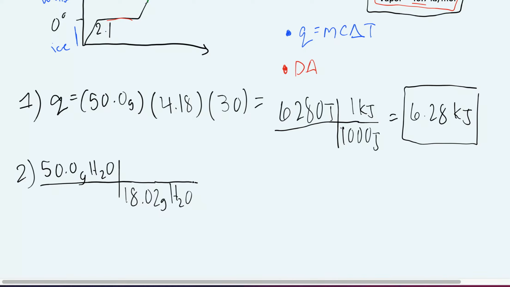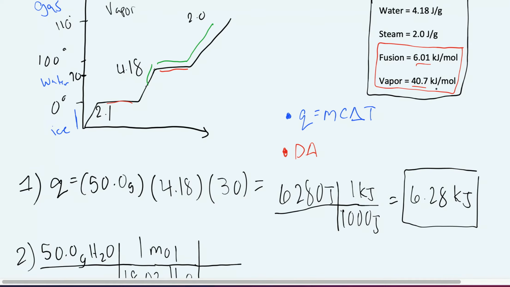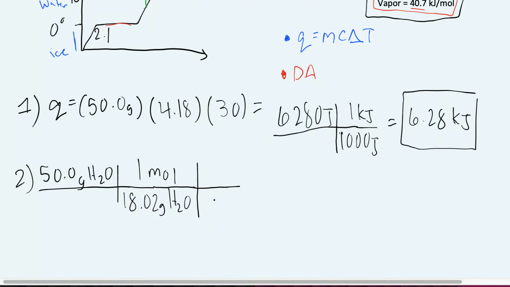From here, you can use a mole to gram conversion. So now you can easily change that to moles. And here we are at moles now. So where else do we see moles? We see moles at our vapor, we have kilojoules per mole. So you can drop down your mole. And now you use the value 40.7.